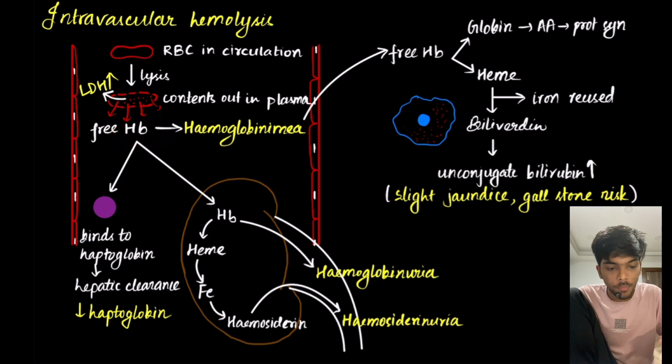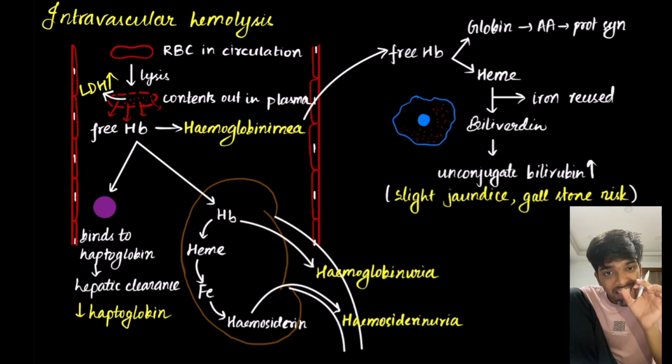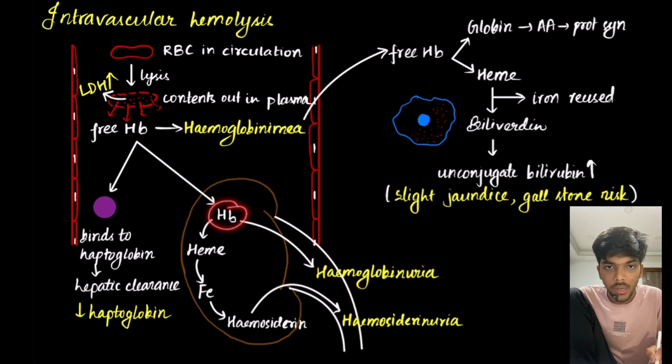Some of this hemoglobin reaches the kidney by circulation. Inside the kidney, it gets excreted out through urine. So there is hemoglobin in urine, and this condition is called hemoglobinuria. Hemoglobin does not just get excreted in the form of hemoglobin.